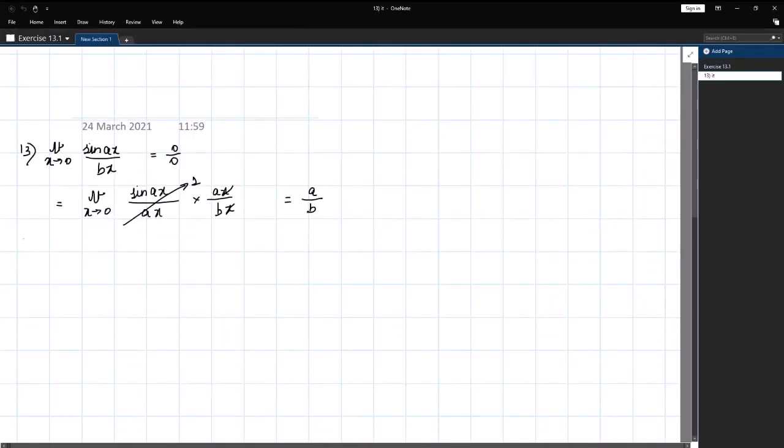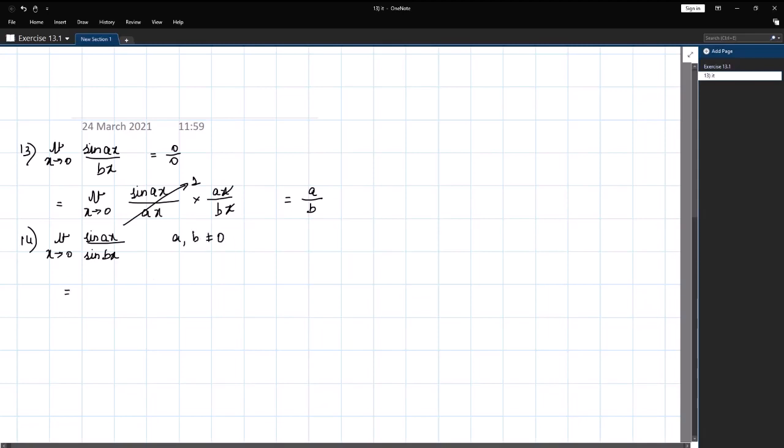Okay, next up we have question number 14, that is limit x tends to 0, sin ax divided by sin bx, given that a and b are not equal to 0.